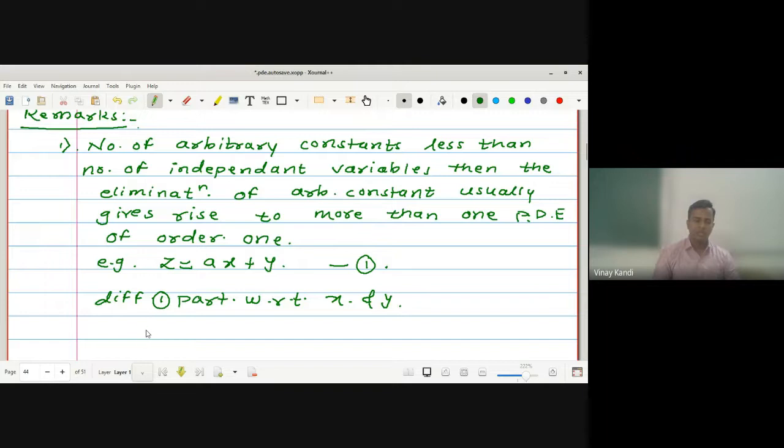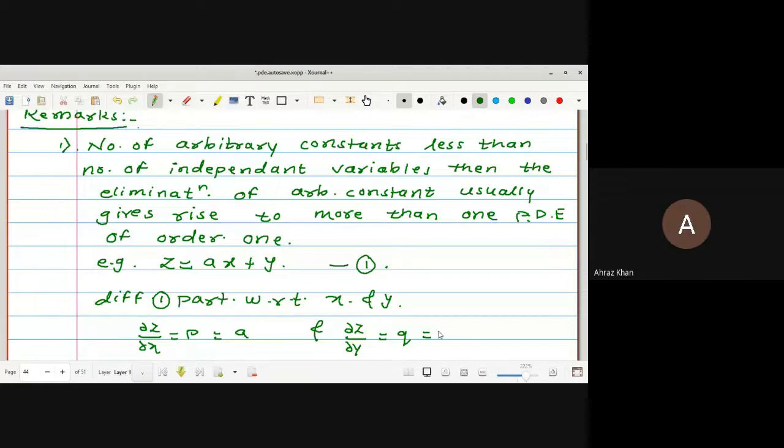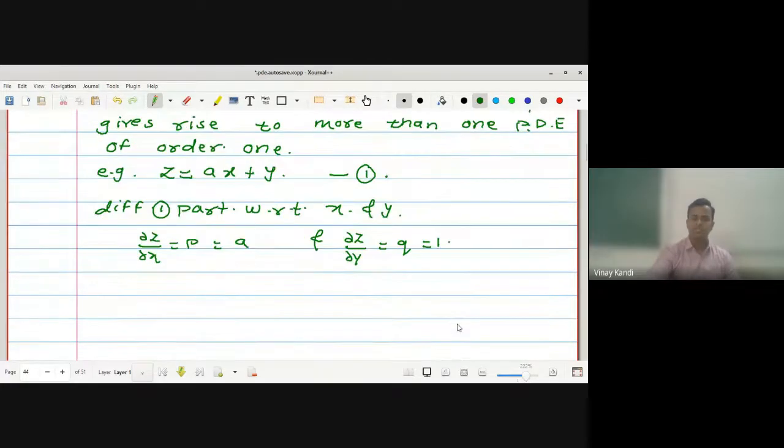So here we get dou z by dou x, which is equal to p, which is equal to a, and dou z by dou y, which is equal to q, which is equal to 1. So here we get p is equal to a and q is equal to 1.